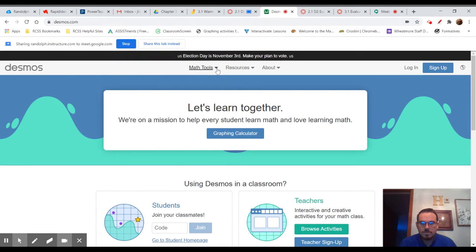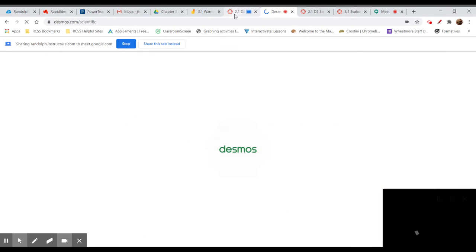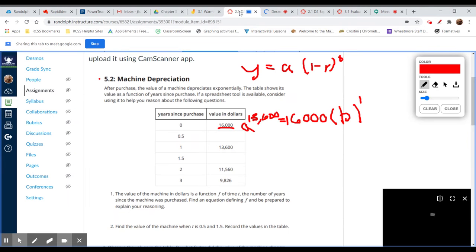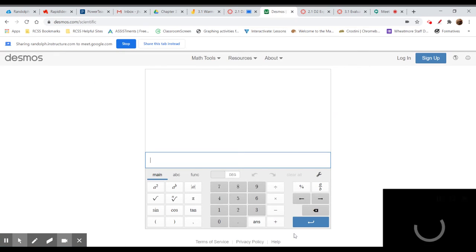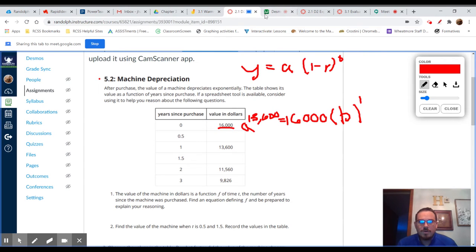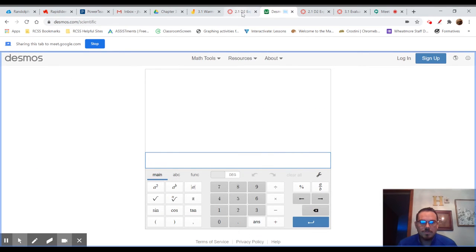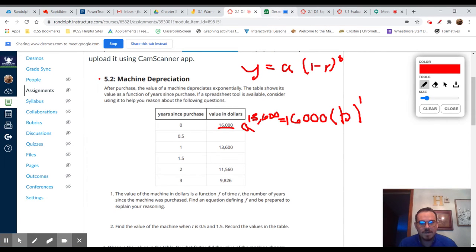I want to use my scientific calculator for this one, not graph it necessarily. I'm not that familiar with Screencastify, but I'll share this tab with you for the people on the Google Meet. We've got 16,000 times b to the power of 1.